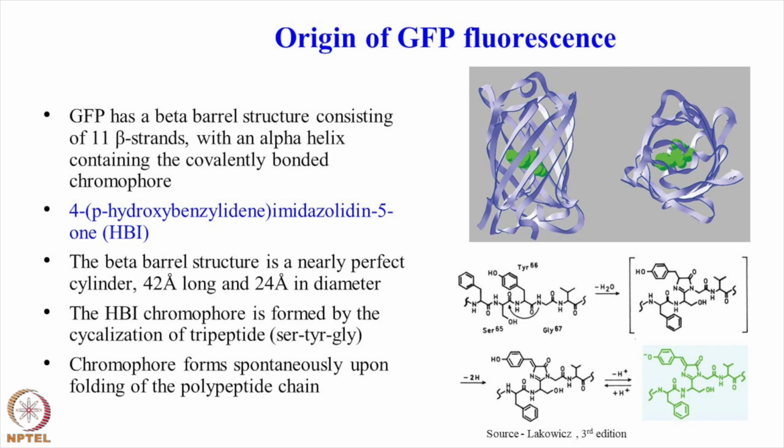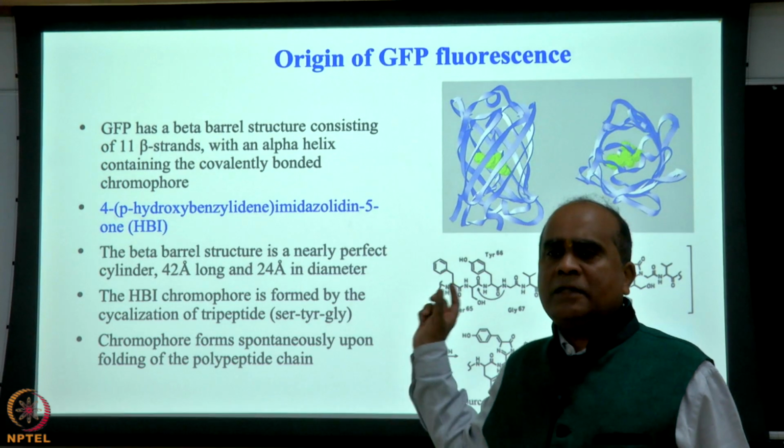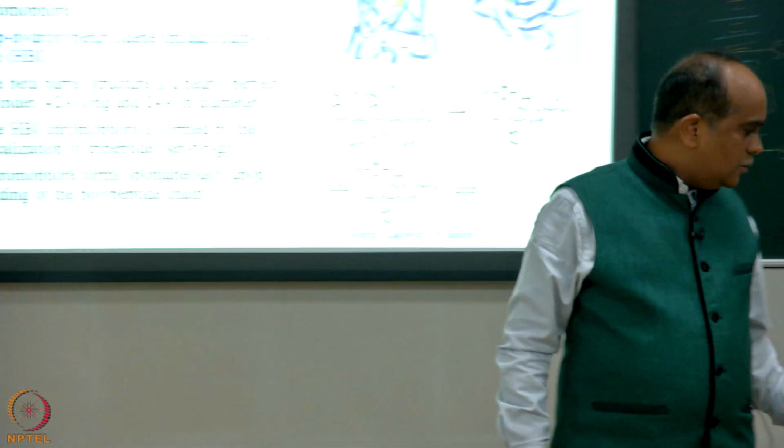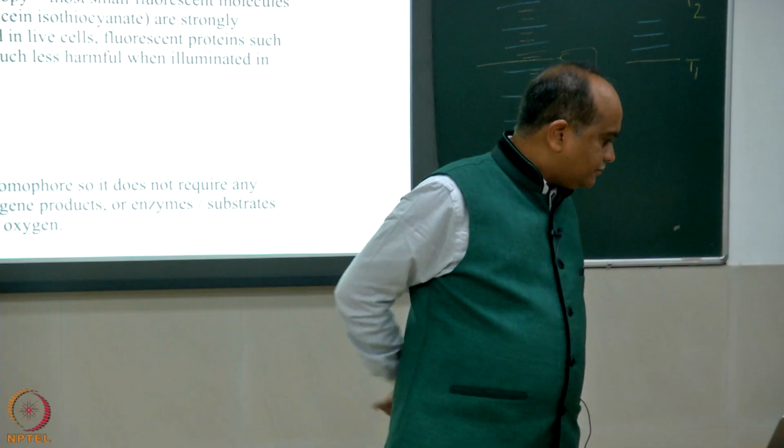This reaction, an acid-base reaction followed by oxidation and hydrogen removal, gives you a fluorescent molecule, and this is the basis of GFP, your green fluorescent protein.